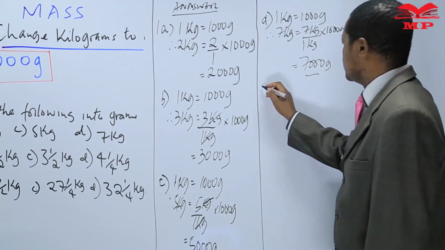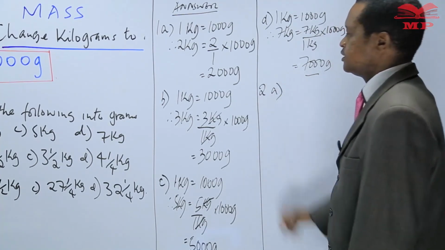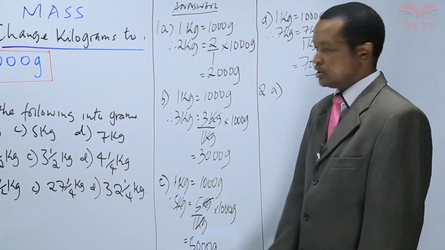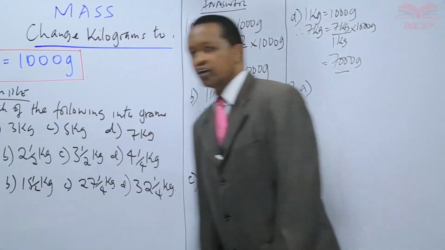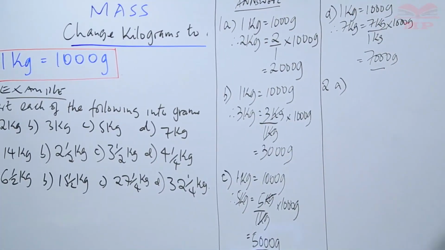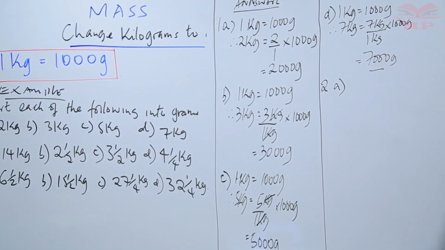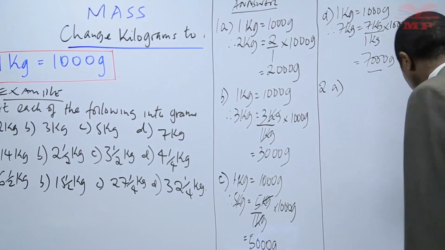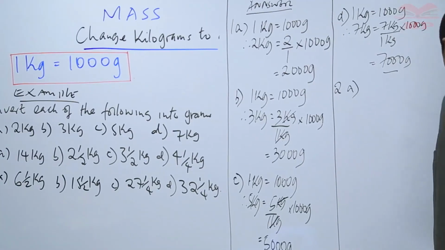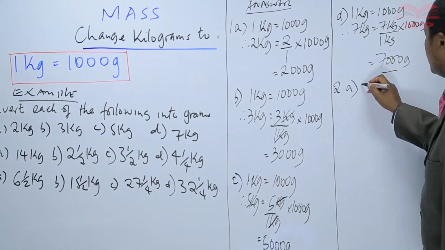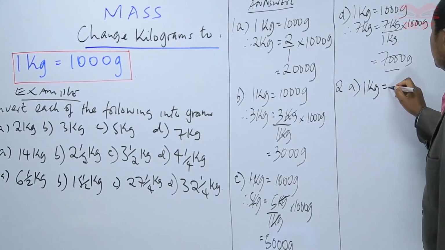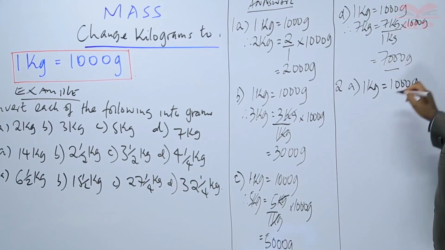We can move on to 2A. We need to convert 14 kilograms to grams. We will follow the same process. 1 kilogram is equal to 1,000 grams.